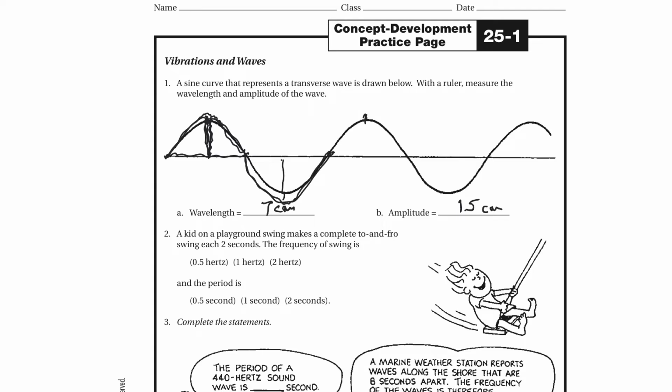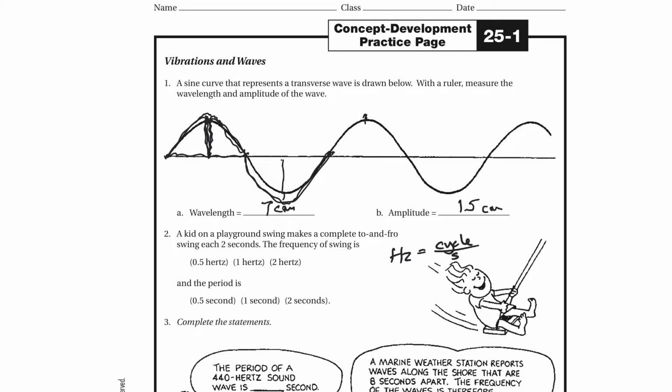One wavelength worth, one cycle up and back, in 1 second is a hertz. Okay, so 1 hertz is equal to a cycle per second, and a cycle is just going through one wavelength. How far going through a wavelength in a second. That's a hertz.